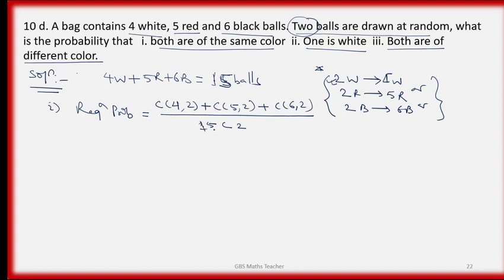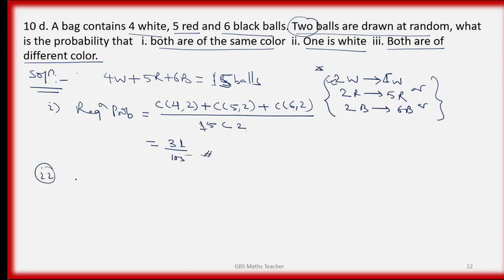C ब्राकेट 15 राख्न सकिन्छ. 15 वटाबाट दुईटा छाने हो तर त्यो के पनि हुन सक्छ दुईटै सेम व्हाइट हुन सक्छ और रेड हुन सक्छ और that the what's the next black हुन सक्छ. यो तीनटा अप्सनलाई एड गरेर 15 बाट C2 छान्यो. तपाई यसको आन्सर क्याल्कुलेसन बाट निकाल्नुहुन्छ 31 / 105. I have done this by calculation.